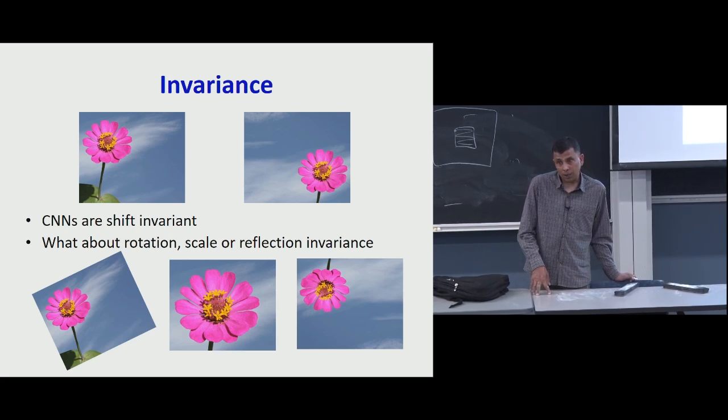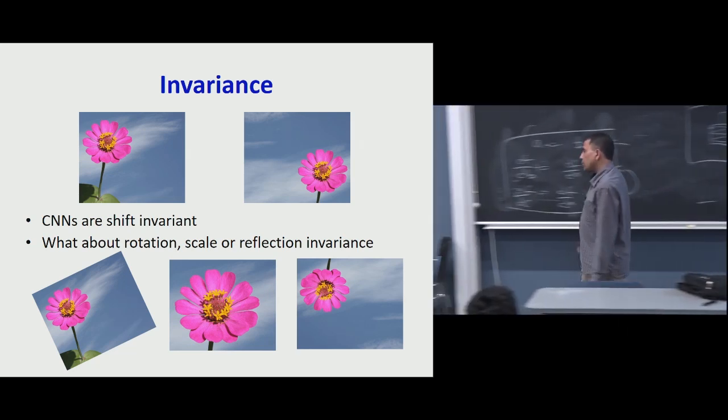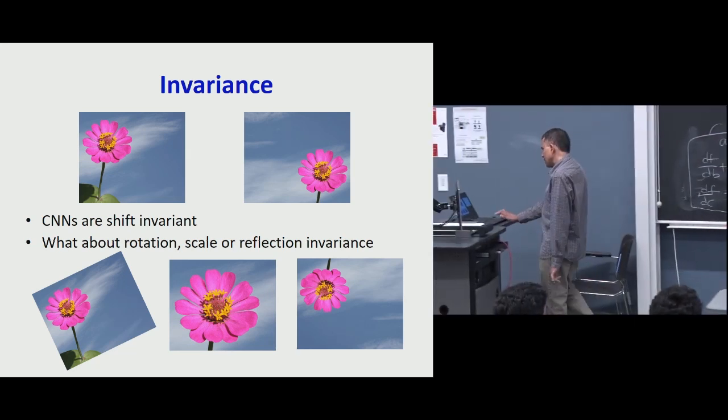Will that basic network work? Not really. It's looking for a flower of a specific size, right? I want scale invariance. I want rotation invariance. Will that basic network work? It's not going to work, right? So you also want to rotate to have rotation invariance. So in general, you want some transform invariance, right?